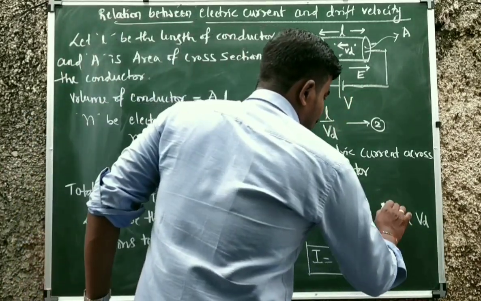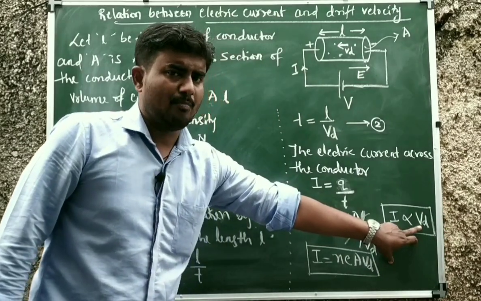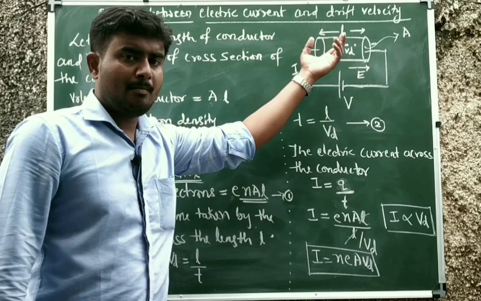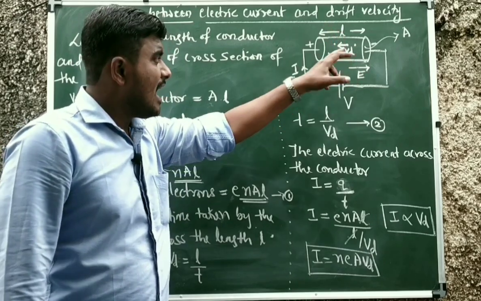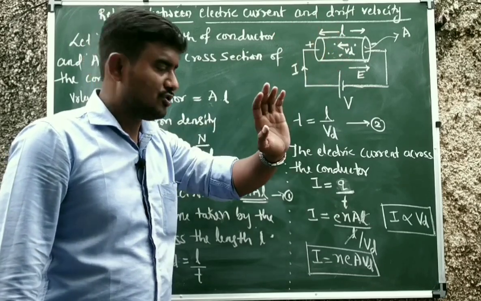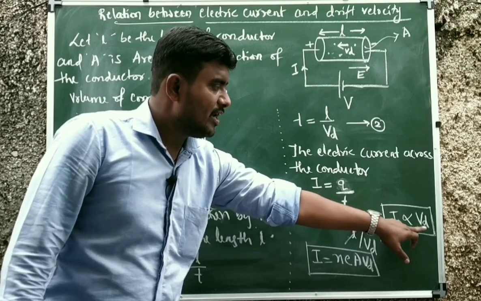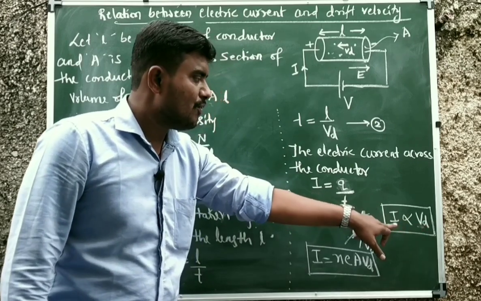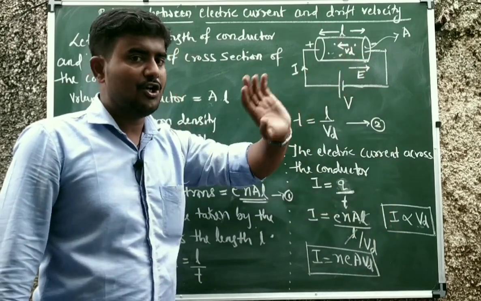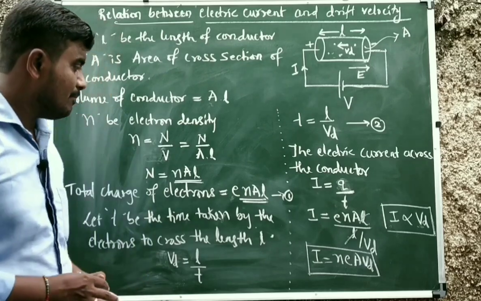But remember, my dear students, this drift velocity is very small, because there are many electrons in the conductor, and they drift with very small velocity. Even though Vd is very small, it constitutes a sufficient amount of electric current, because the number of electrons is huge. So note this derivation, a very important derivation.